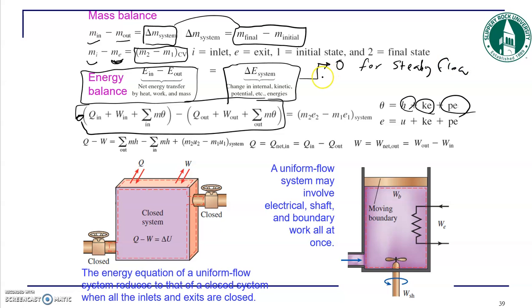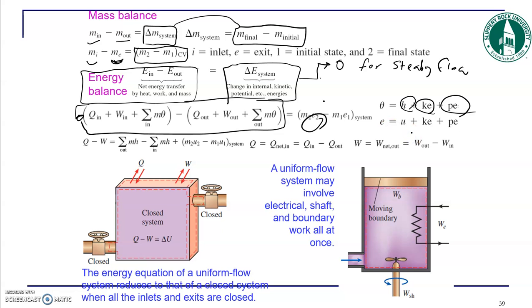For unsteady flow, this is the definition: m2 e2 minus m1 e1. So what is e here? e is internal energy plus kinetic energy plus potential energy. So please notice this is u on the right hand side of your equation.